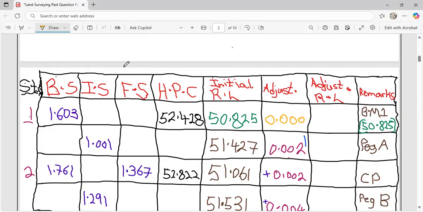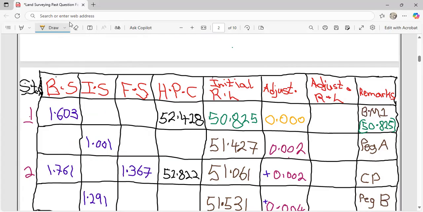That is what I want you to know, all the empty boxes. So from there, we just want to fill in our adjustment reduced level.